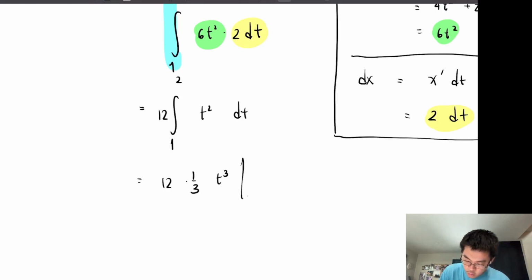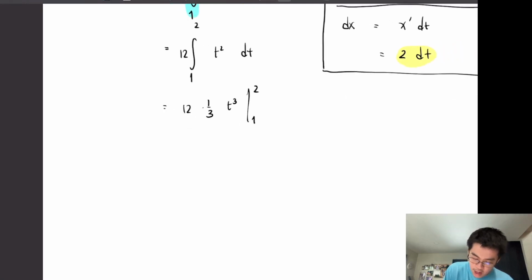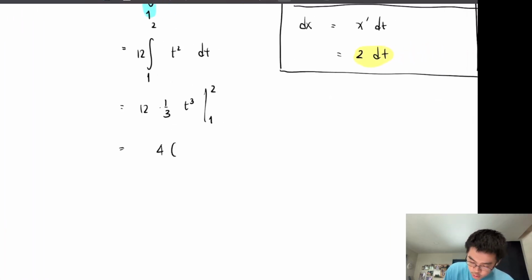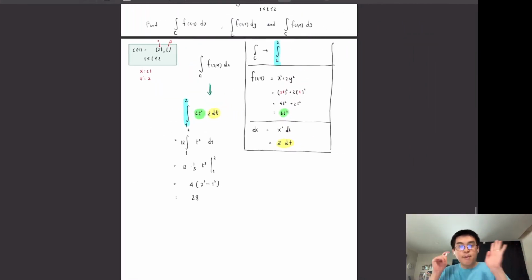And then you plug in 1 and 2, and you get 4 times (2 cubed minus 1 cubed). The answer will be 7 times 4, which is 28. So I hope I got it right. Okay, so that's the basics of line integrals. You transform each one of them, and then you integrate in one variable.